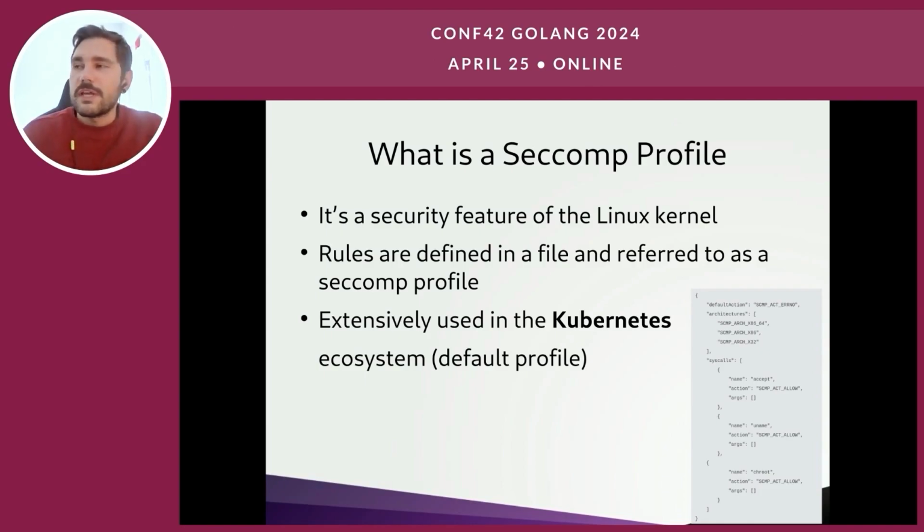So it works as a firewall for system calls. Additionally, it is extensively used in the Kubernetes ecosystem, especially when you enable the seccomp default feature flag. So this means that all the workloads that you are going to run will be attached to this default profile. That is a default seccomp profile that has inside the most dangerous syscalls that you should never use in your run.